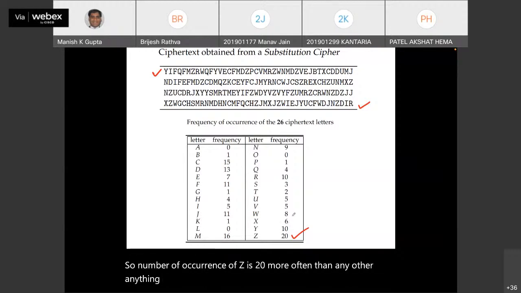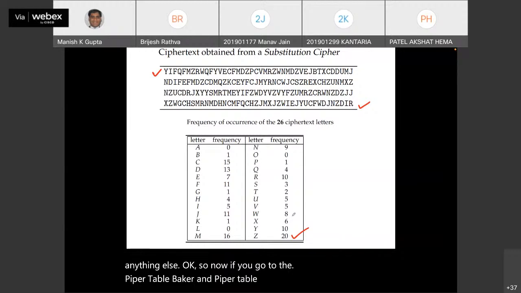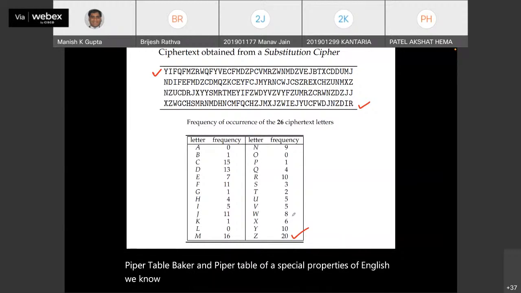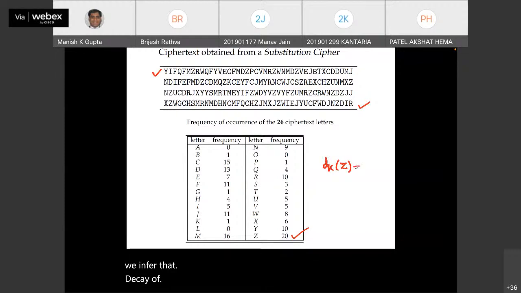Now if you go to the Baker and Piper table of statistical properties of English, we know that E occurs most often in the text. That means we infer that d_K(z) is E. This is our first guess. Watch it carefully.